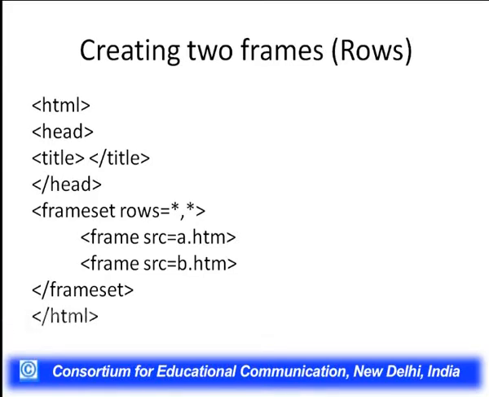So if there are two rows that I have created, I will use the frame tag two times, and for each frame that I am creating I will specify the source. I write src and then I give the URL or the name of the file. We had discussed earlier that if the file is in the same folder, you only have to give the name of the file.